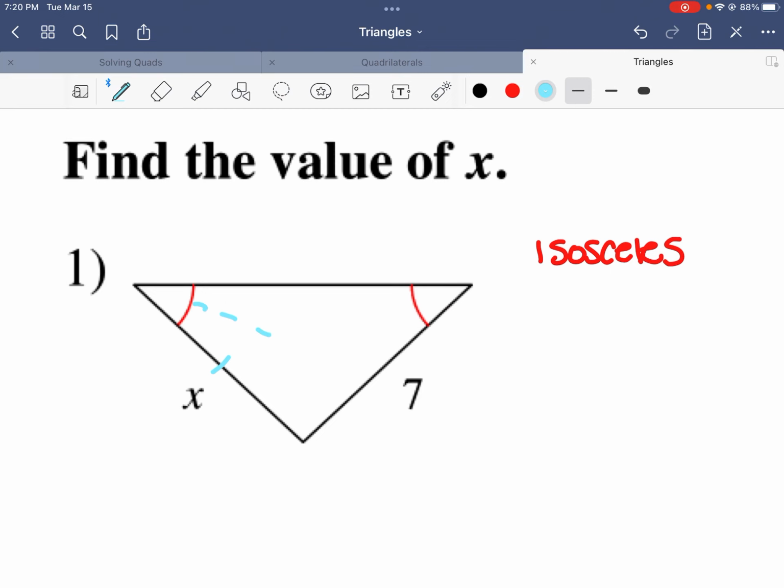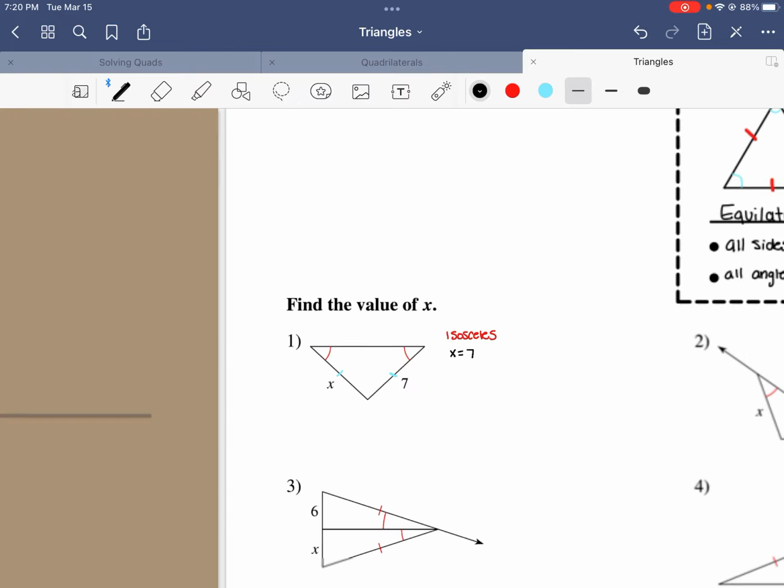So again, we're going to go across and it's this one right here. So yes, we got lucky this time. The sides that were given are equal. So it then follows that x has to equal 7 because it's an isosceles triangle.